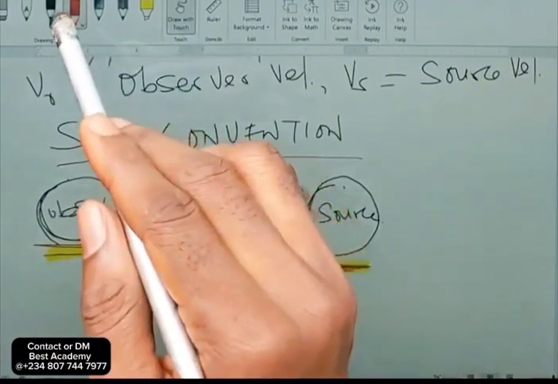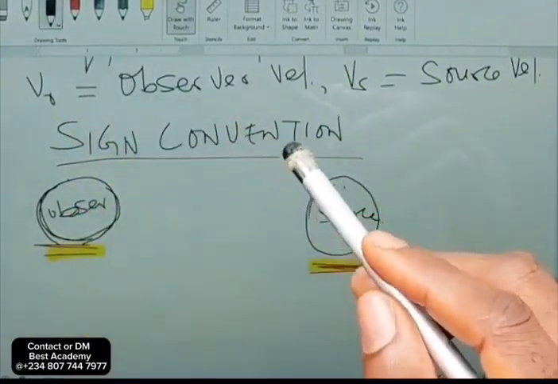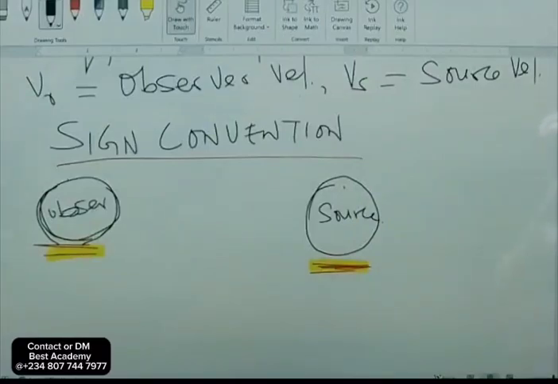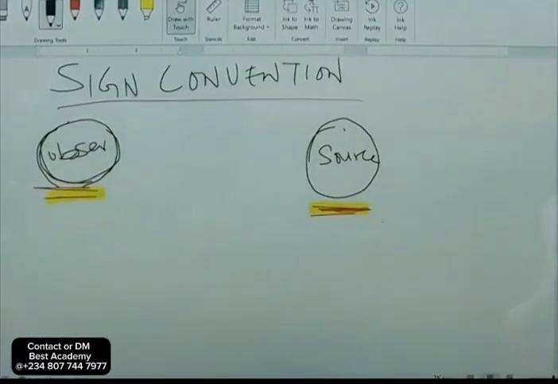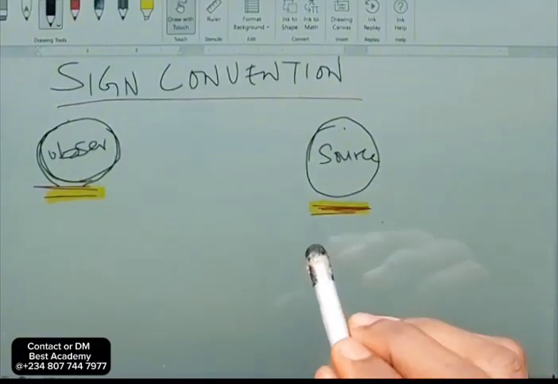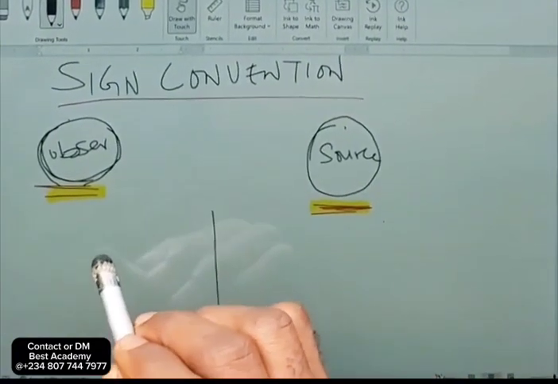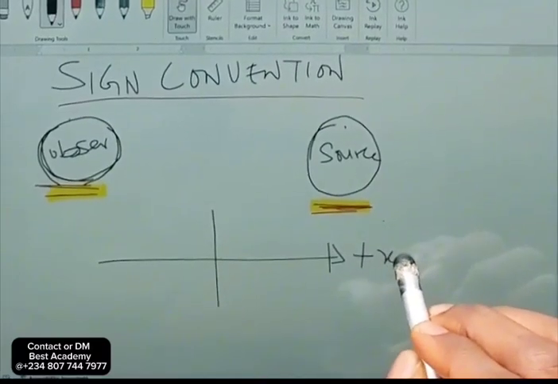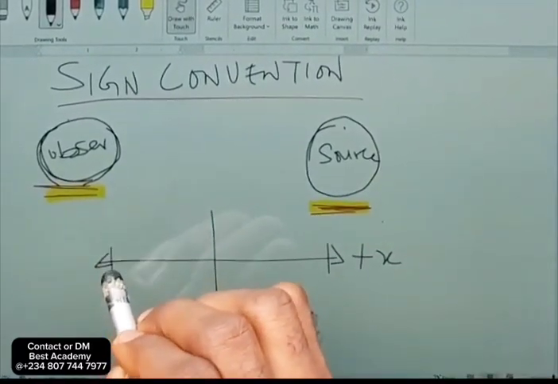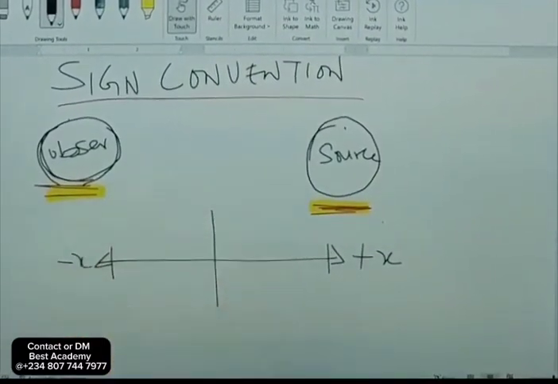So now let's know the sign convention on each of them. Before that, you should understand your Cartesian plane. Anything in this direction should be plus, and anything in this direction should be minus. Please take note.